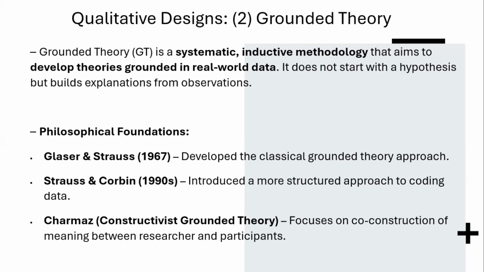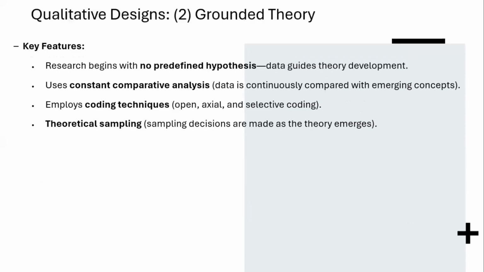Now, with grounded theory, you begin with no predefined hypothesis. The data guides your theory. You may even start with no theory in mind. All you know is that I want to understand how temperament shapes mental health within the Ghanaian socio-cultural context. You can start with this.